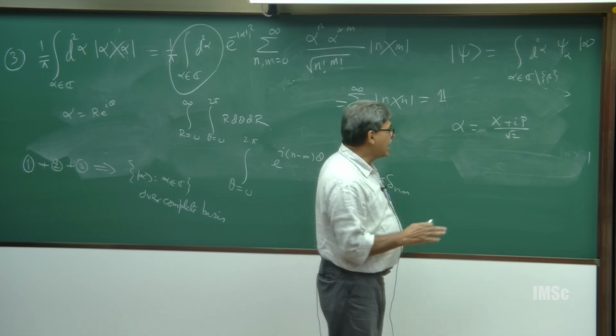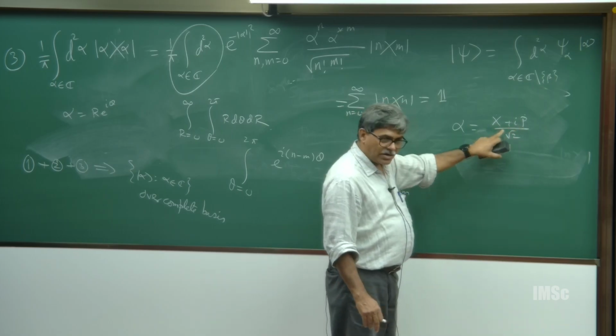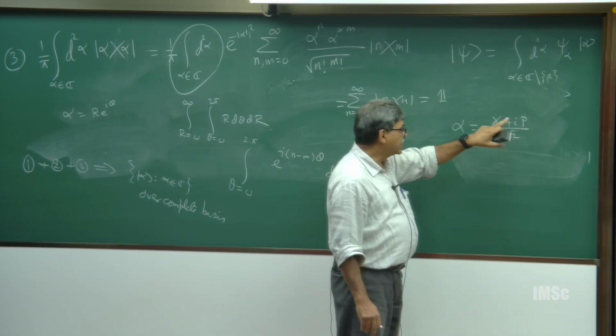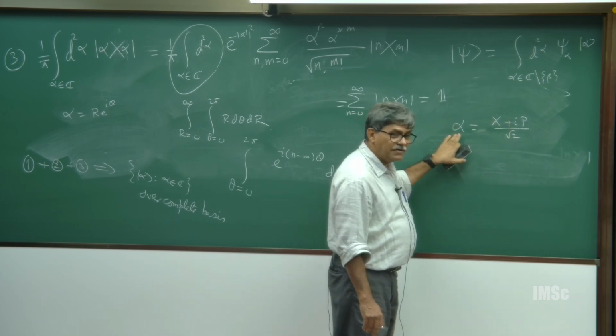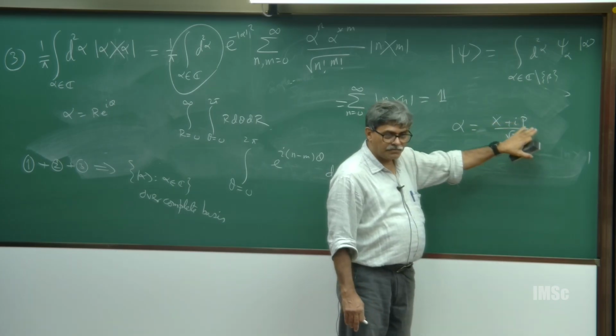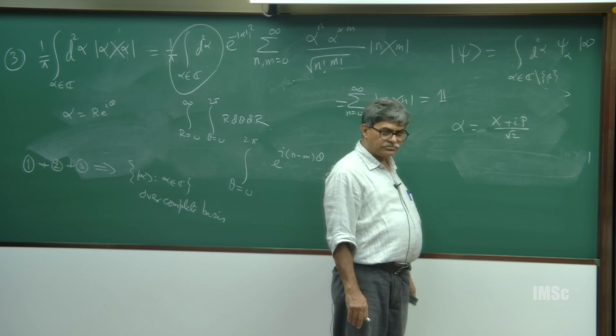I will tell you how they come in the classical electromagnetic wave, and basically specifying alpha means specifying these quadratures. So the classical light you are speaking about is the light with amplitude x and phase p.